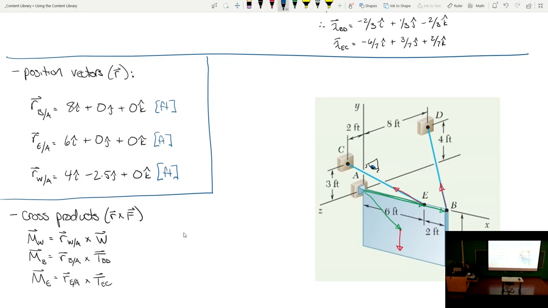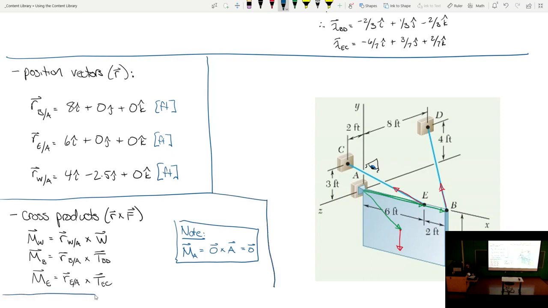And what I'll say is over here, note, if we wanted to say the moment from the reaction at A, it would be 0 crossed with A, which is 0. So just to make sure that we're being comprehensive in our determinations. So far, so good?